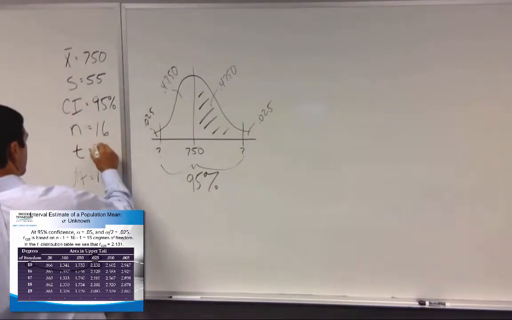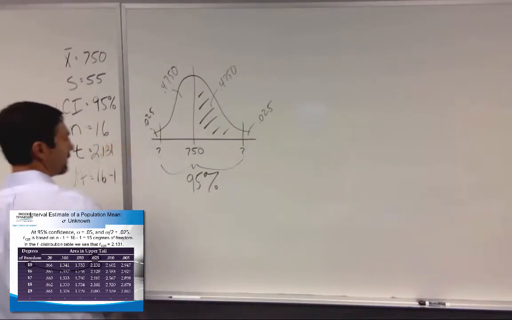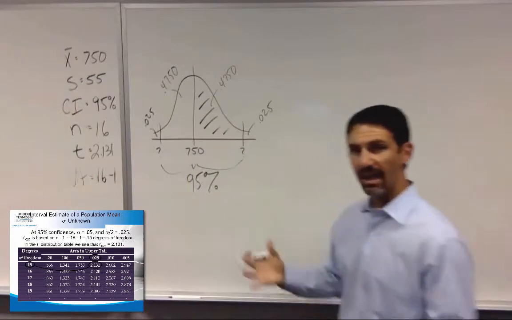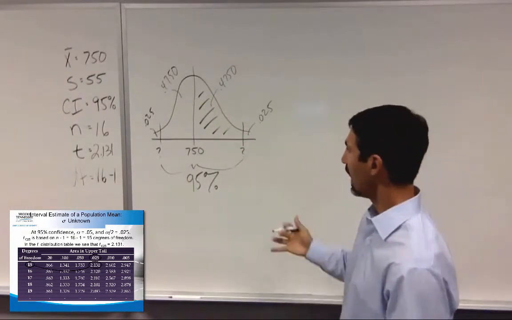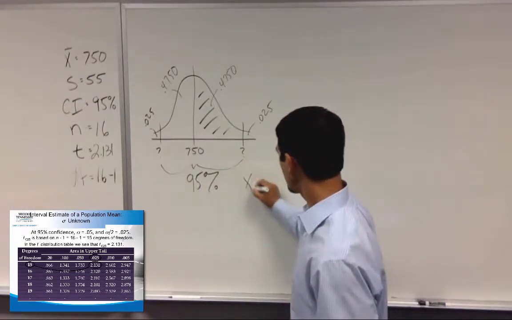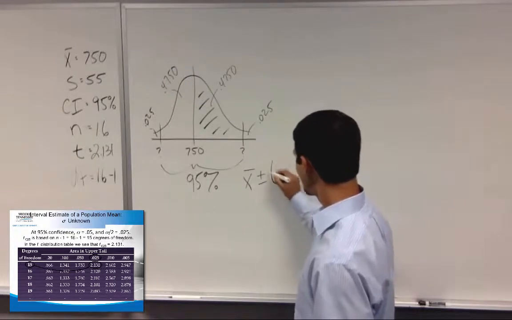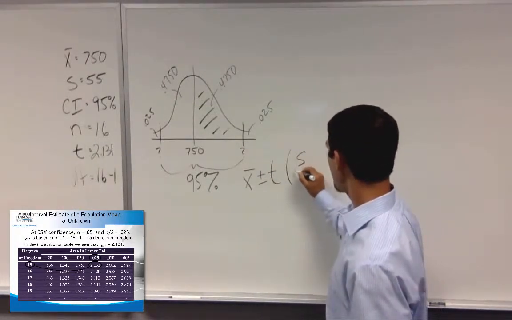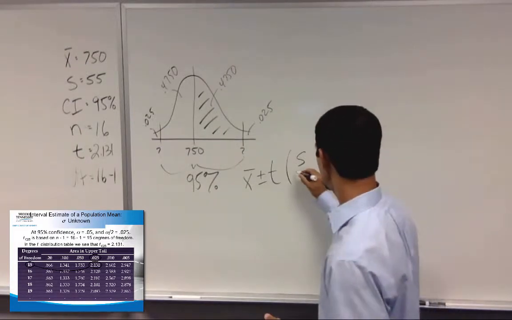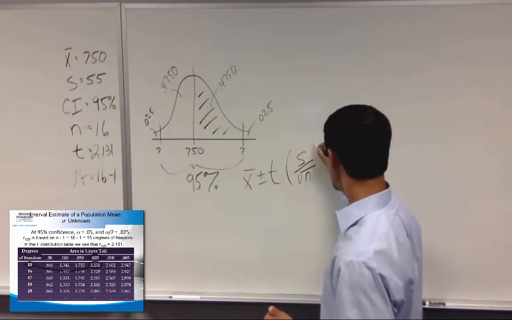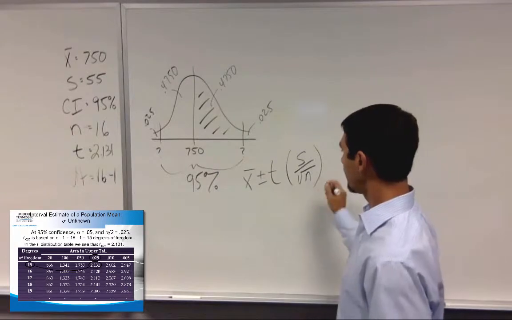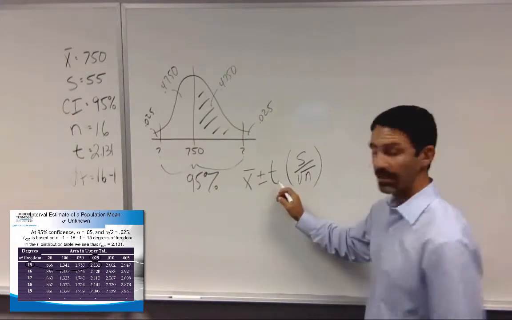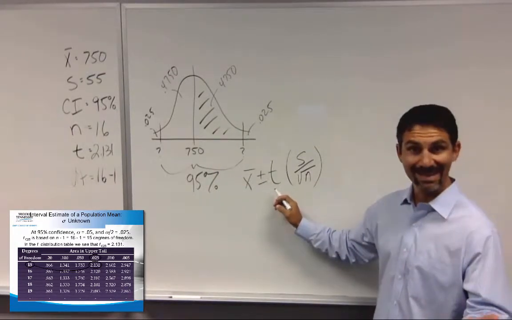So when we do the calculation for our confidence interval, we take t, and then we multiply that by our sample standard deviation divided by the square root of n. In the example before, we used 1.96 for z.